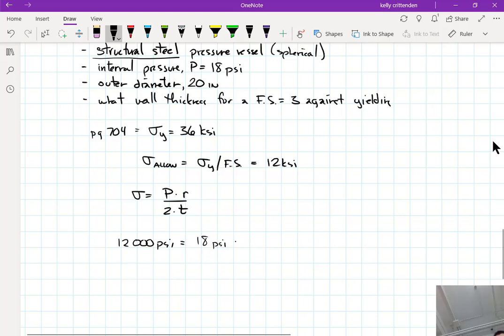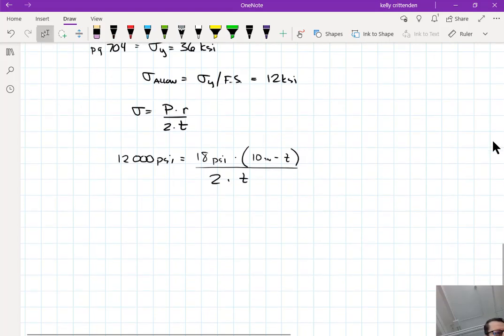Our internal radius is technically our outer radius 10, minus the wall thickness to get the inner radius, divided by 2 and T. So we're trying to solve for T. To solve it, we have 12,000 PSI equals 18 times 10, 180, minus 18T over 2 times T.